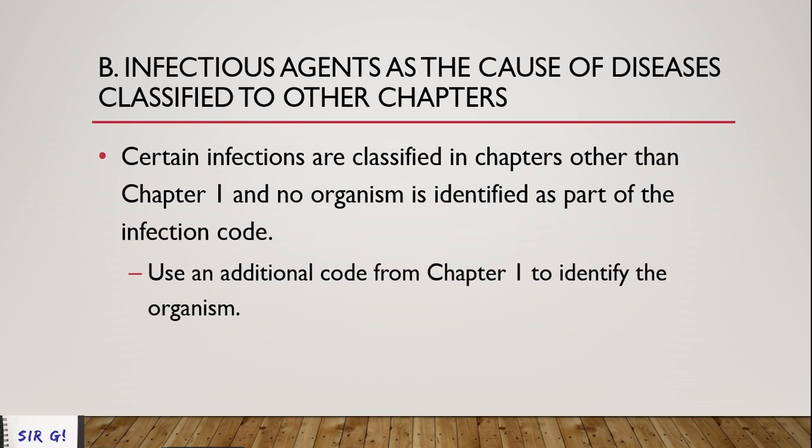Because remember, when we code an infection, for example a urinary tract infection, there should be a causative agent and it should be a bacteria. So you need to code first the infection and use only as additional code those codes for the bacteria, because those are just additional codes to identify the organism.